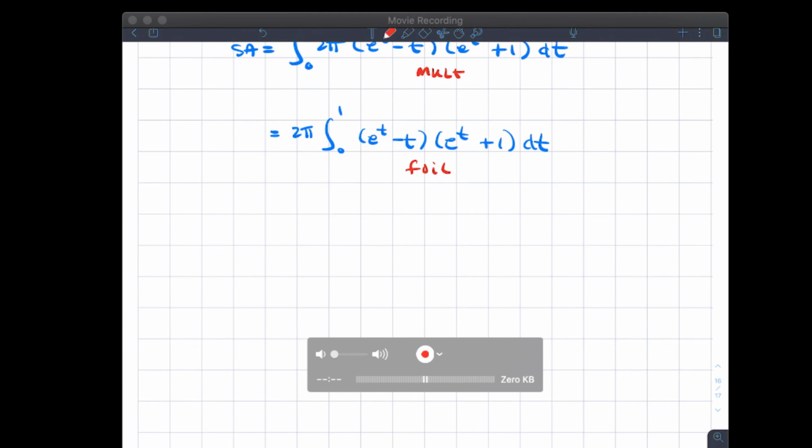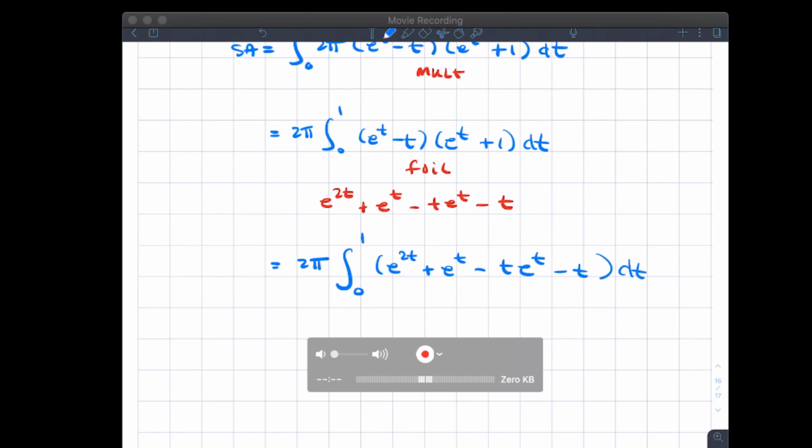This is e to the 2t, F and O terms, plus e to the t, inner term, minus t e to the t, last term minus t. So double check here. 2 pi integral 0 to 1. Looks like we get e to the 2t plus e to the t minus t e to the t minus t dt. And yes, ladies and gentlemen, you're going to need to do, again, what?